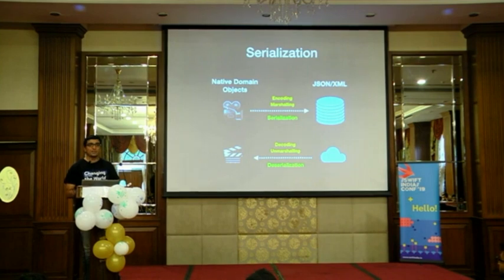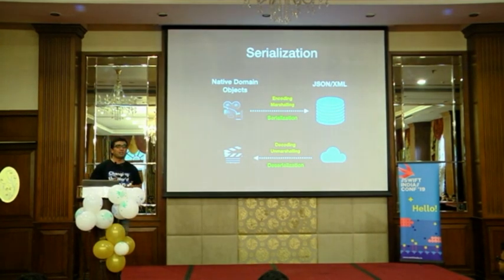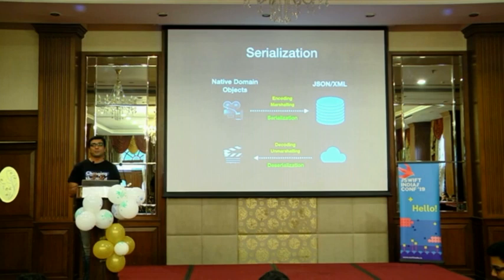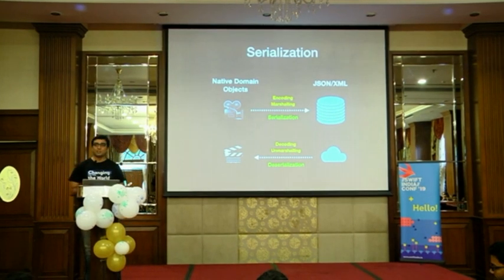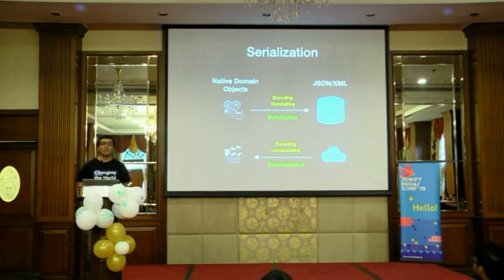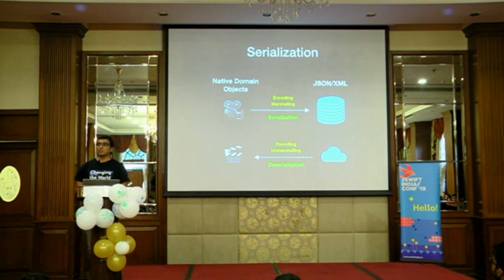So what is data serialization? It's a process of translating native objects into a format which can be stored or transmitted over a network. Sometimes it goes by the name marshalling or encoding, which we are quite familiar with. Deserialization is the reverse process, wherein you take the data and put it back into its native format.